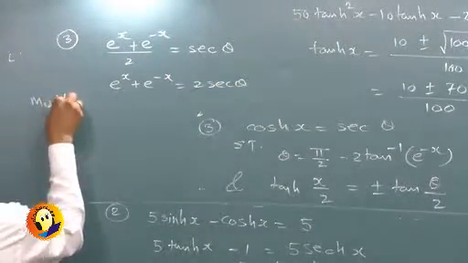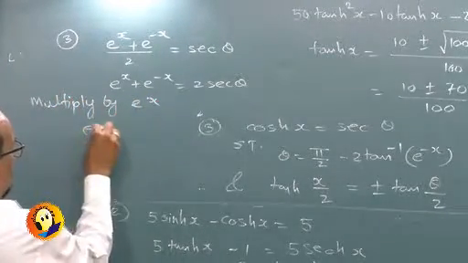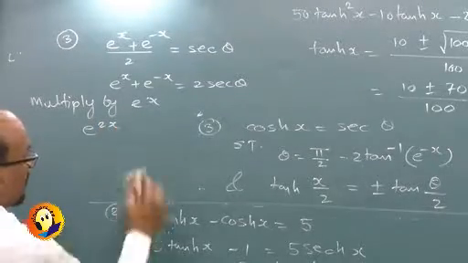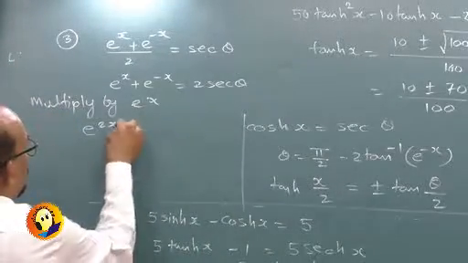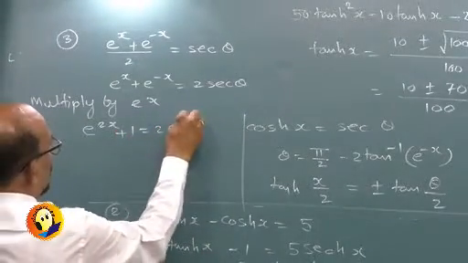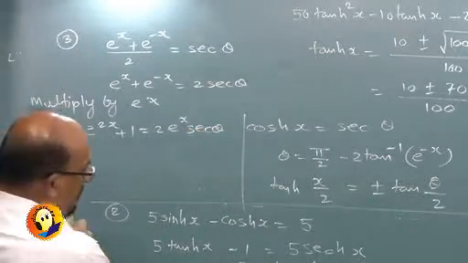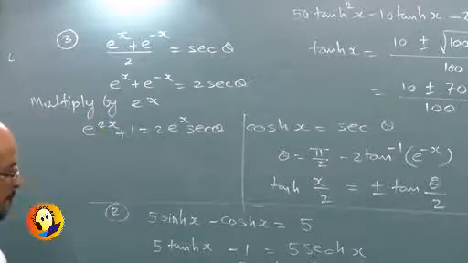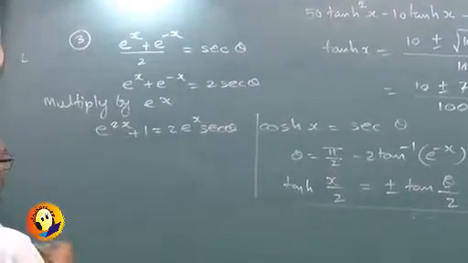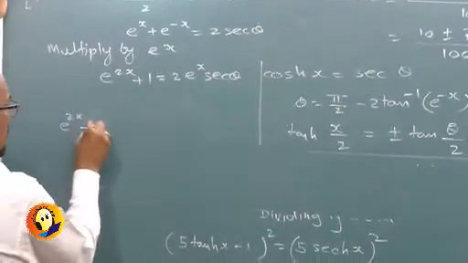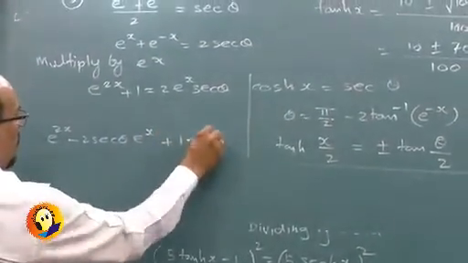Multiply by e raised to x, so you get e raised to 2x plus 1 equal to 2 e raised to x sec theta. So the quadratic equation that we get is e raised to 2x minus 2 sec theta e raised to x plus 1 equal to 0.